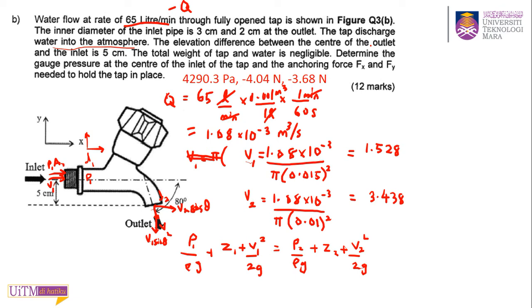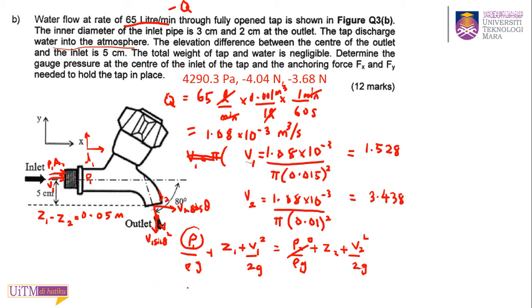So you will get P1. P2 is 0, and Z1 minus Z2 is 5 centimeters, so Z1 minus Z2 equals 0.05 meter. You have V1 and V2, so you can find P1.